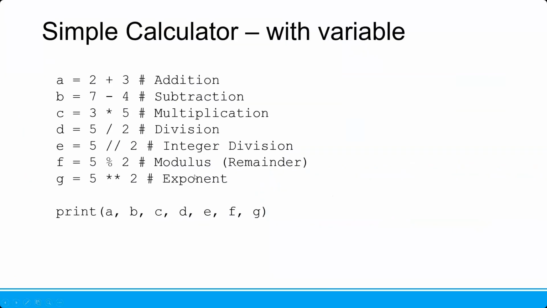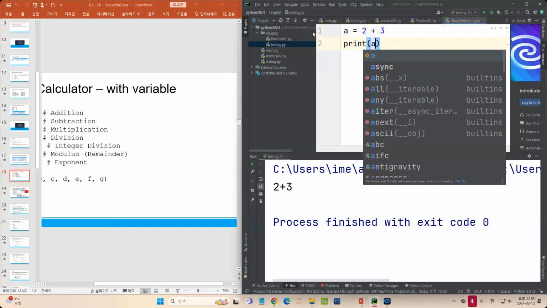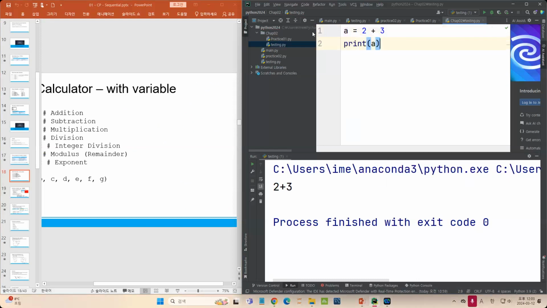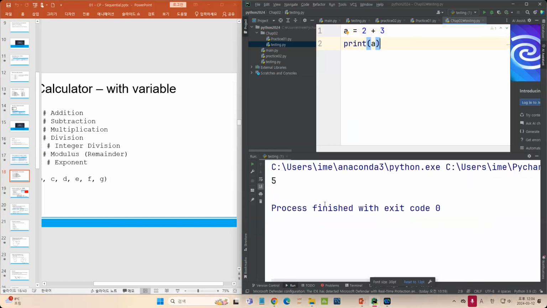So you can do a simple calculator. For example, I want to assign any numbers. A equals 2 plus 3. And then I want to print A. Then yeah, you can get the result.